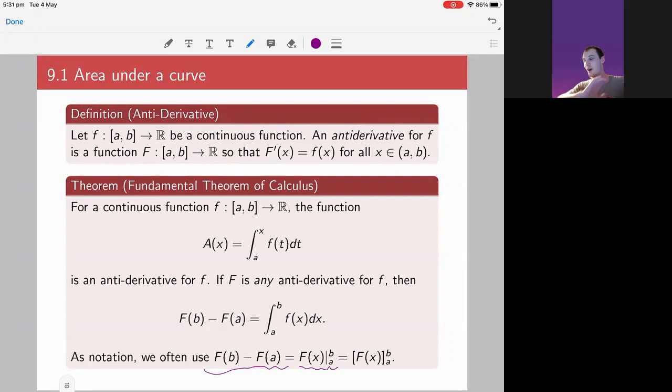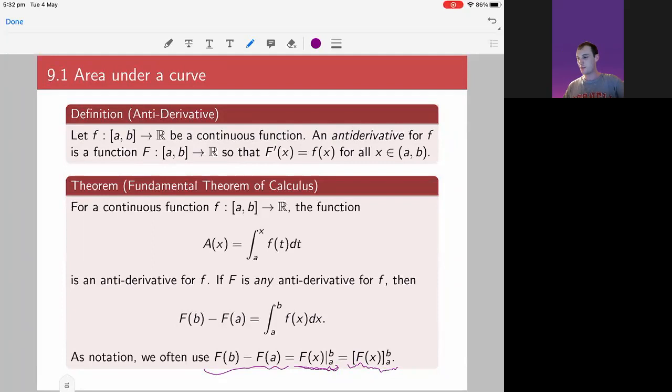That means evaluate F of x for x equals b, subtract F of x for x equals a. This is one that I've seen a lot. I think this one is also acceptable, though I've seen it less frequently.